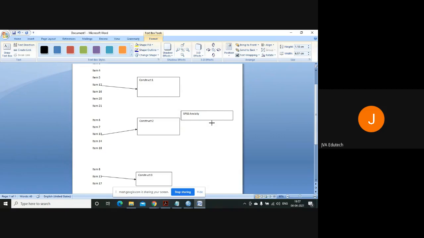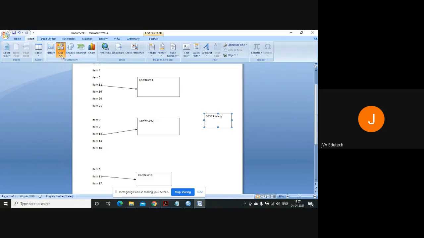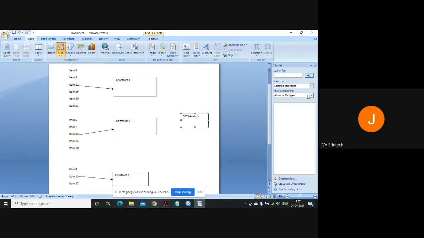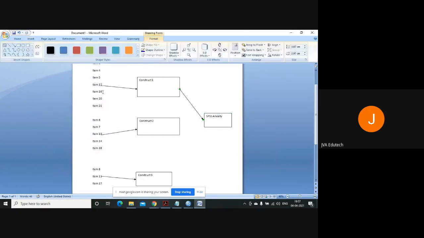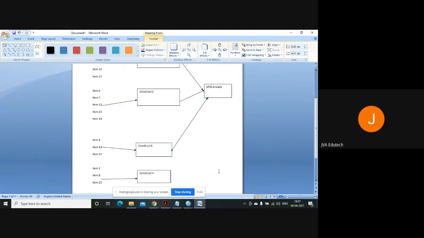The main variable was SPSS anxiety. So this is the overall model that you will get.